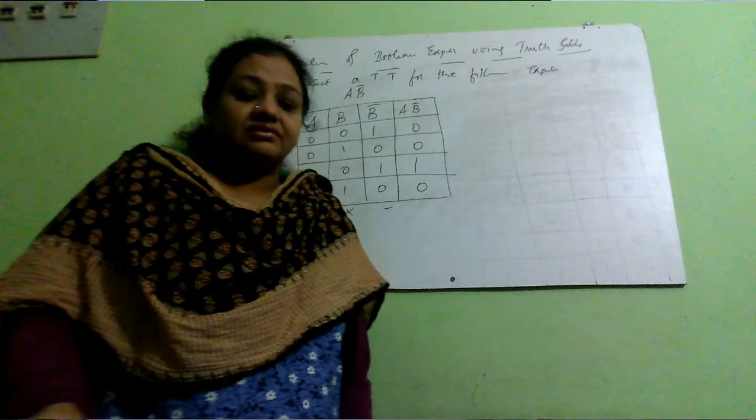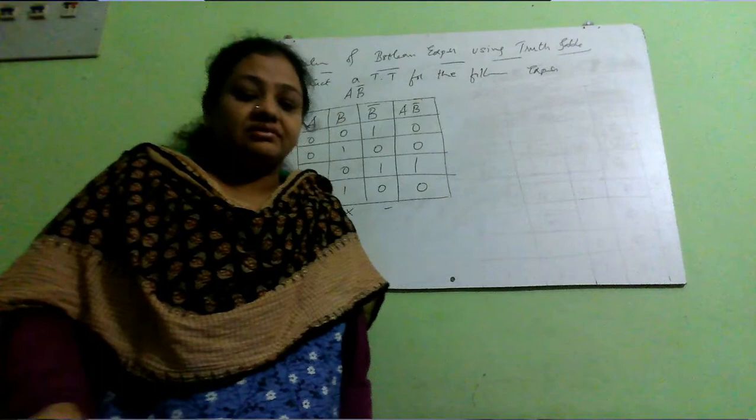Let us start with a simple Boolean expression, that is A B bar. A B bar is the Boolean expression. Now let us construct a truth table to evaluate this Boolean expression.